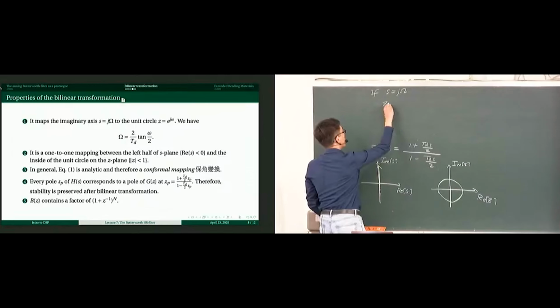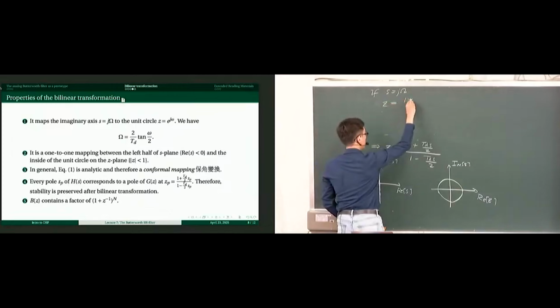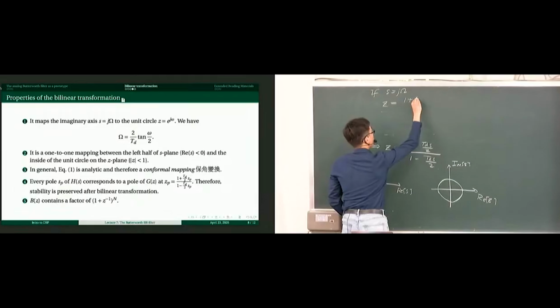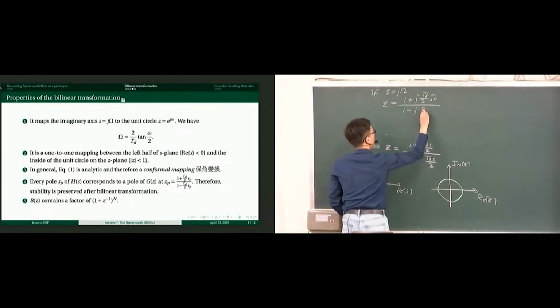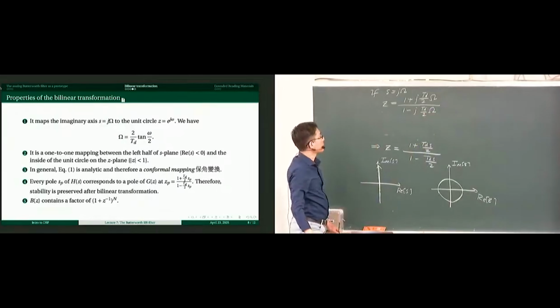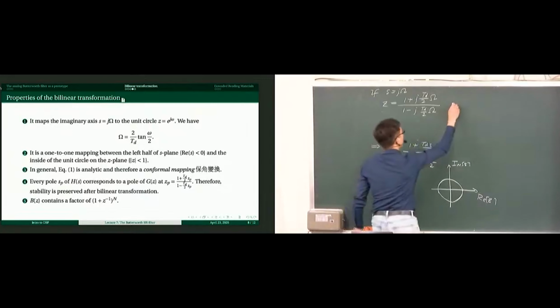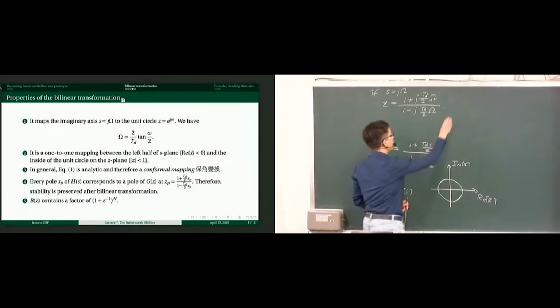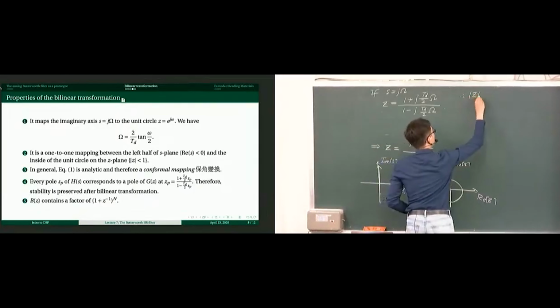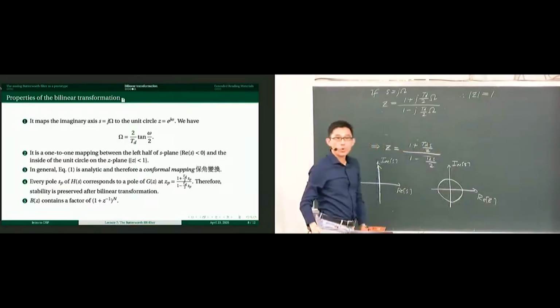Then here we get Z equals (1 plus j T_d over 2 times big omega) divided by (1 minus j T_d over 2 times omega). It's rather easy to show that Z has a length of 1.